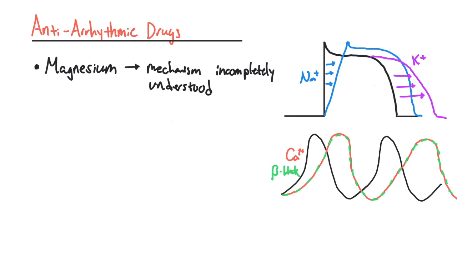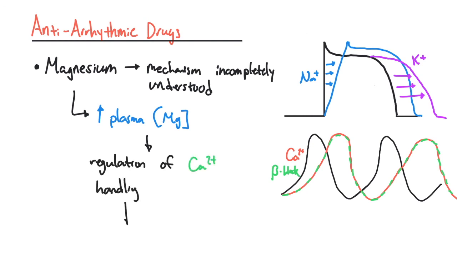But generally, by increasing plasma magnesium concentration, this leads to regulation of calcium handling, and thus this can treat proarrhythmias caused by calcium mishandling in cells, including torsades de pointes.